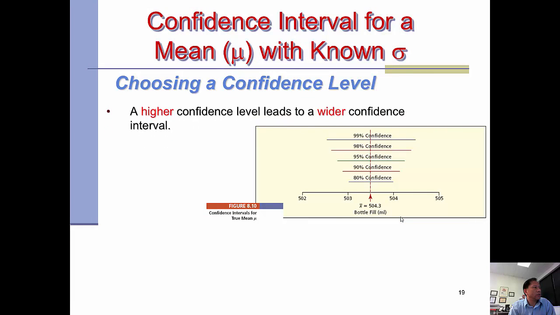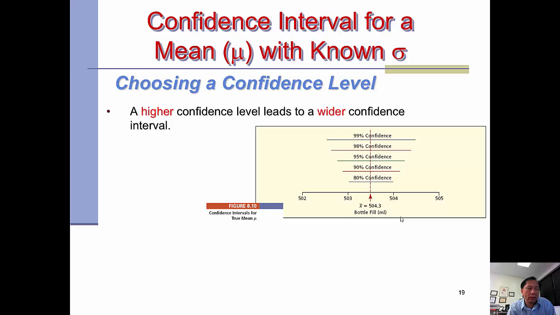And choosing a confidence level: a higher confidence level leads to a wider confidence interval. Do you believe that? Think about that. A higher confidence level leads to a wider confidence interval. Why is that?